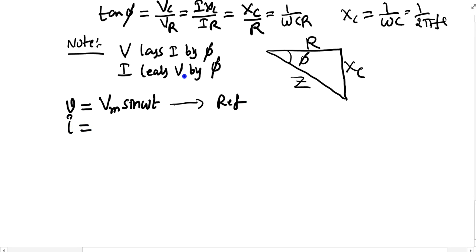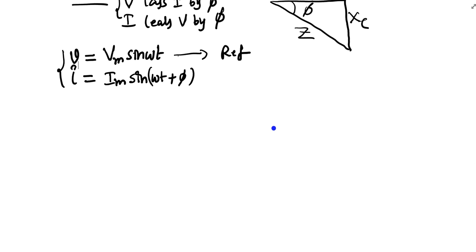Because my current leads by some angle phi, I can write this equation to satisfy that point: sin(omega t plus phi). So this is satisfying the conditions for the instantaneous voltage and current. Here my current leads voltage by a phi angle, that is the meaning.